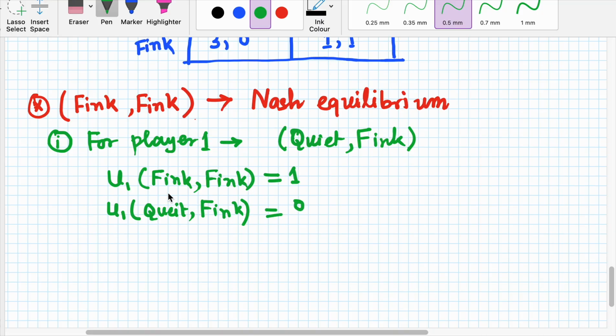So there is no incentive for player 1 to change from fink to quiet, given that the other player sticks to fink.